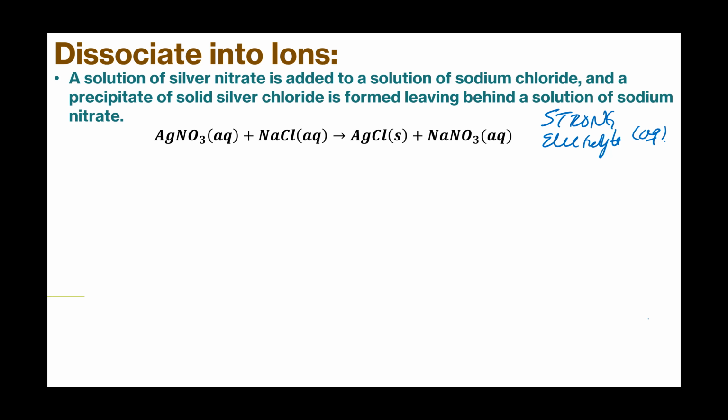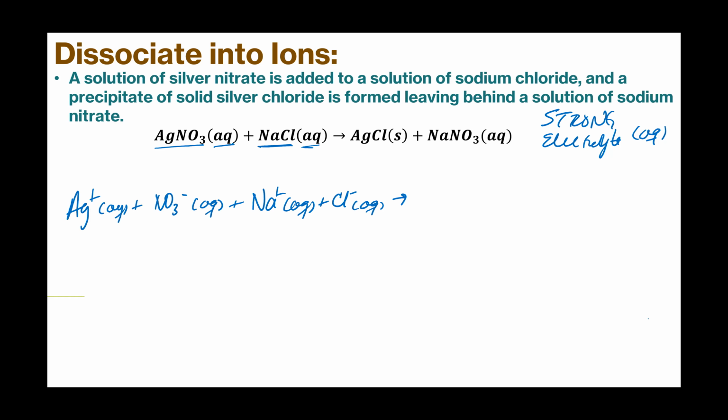So here we have silver nitrate, which is an ionic compound, and it's aqueous. So we can say this is really Ag plus and NO3 minus. We have sodium chloride, which is ionic, and it is also aqueous, so we're going to break that apart: Na plus aqueous and Cl minus aqueous.